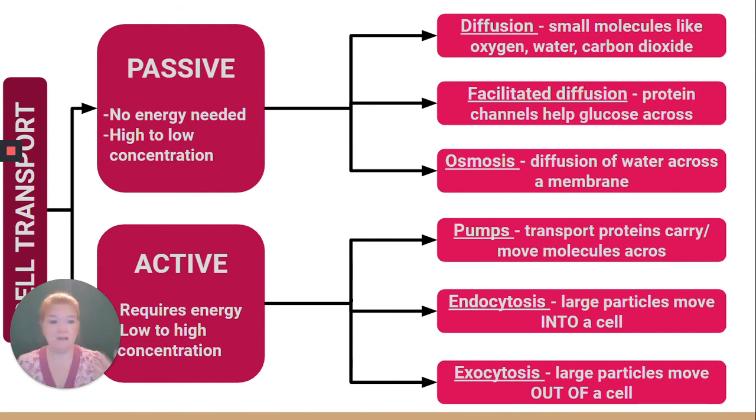Sometimes we need to get stuff out of a cell, so wastes primarily, but also a cell might be making a protein or a hormone, and they need to get it out of the cell. It can't stay stuck in the cell forever, so what's going to happen? The opposite of endocytosis. So exo is like exit. Okay? In exocytosis, big particles or a vesicle filled with a bunch of particles like hormones or proteins.